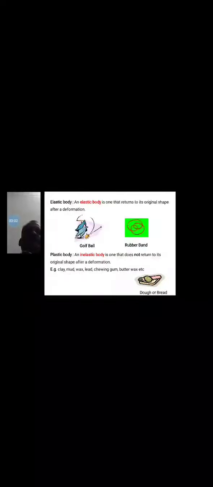When we hit the ball, its shape will be changed. After that, it immediately recovers its original shape after getting hit by the stick. In our daily life, clay, mud, wax, lead, chewing gum, butter wax are some of the examples of plastic bodies.